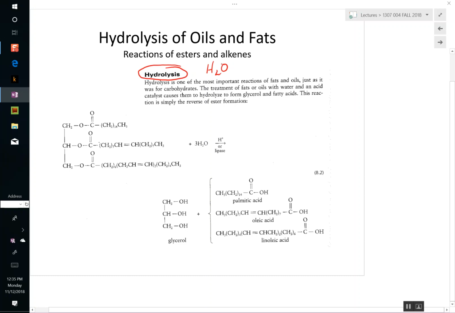So when you see the triglyceride and I say there's a fatty acid, it's not in the form of the fatty acid. It's been esterified to the glycerol. You have an ester linkage to the glycerol. You react it with water, you're inserting a hydrogen here, and you're inserting an OH there, and generating the fatty acid and the glycerol. You're breaking it down. That's hydrolysis of the triglyceride.